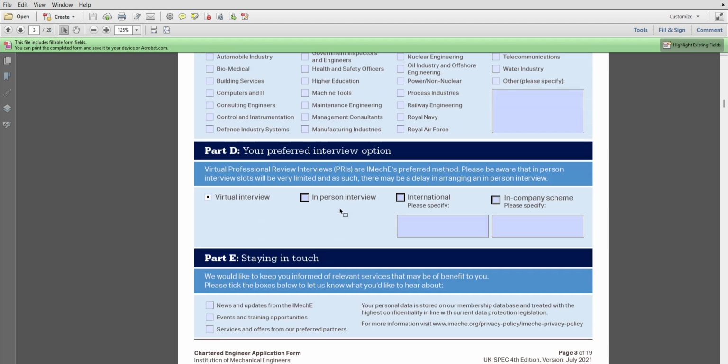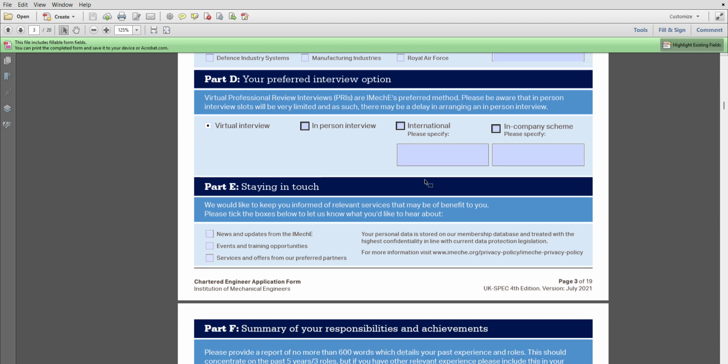Under section D, you're expected to talk about your preferred interview option, so whether it's virtual or in person. And then under part E, this is publicity information. So feel free to click or leave it unchecked.